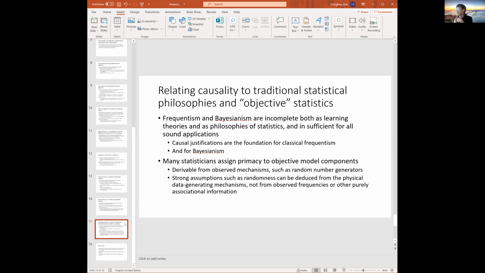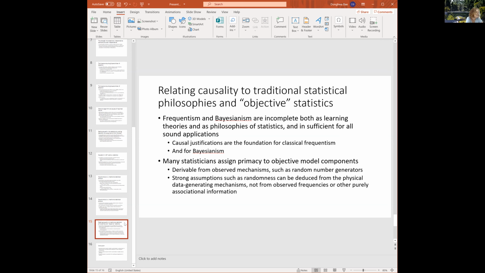And I think the authors argue that causal theories can be a core foundation for each of the philosophies or objective statistics. However, I do not have sufficient background about the statistical philosophy for frequentism or Bayesianism, so I cannot fully understand the reasoning behind it.